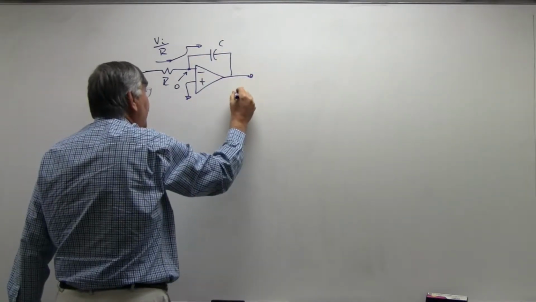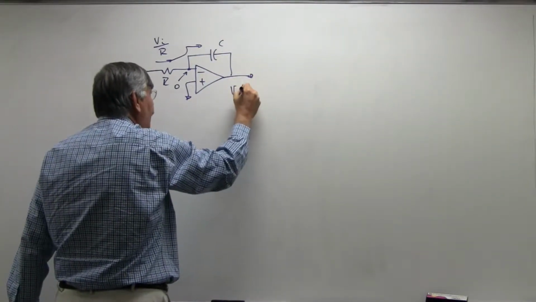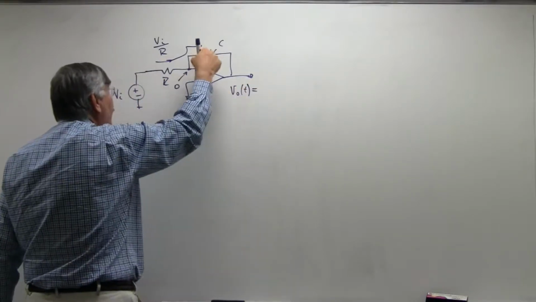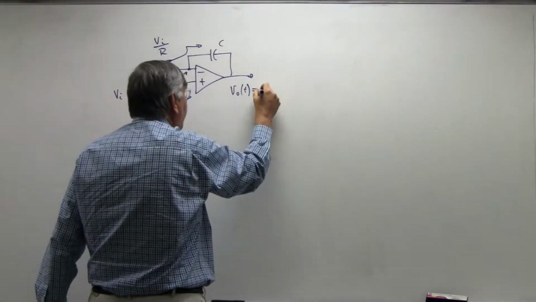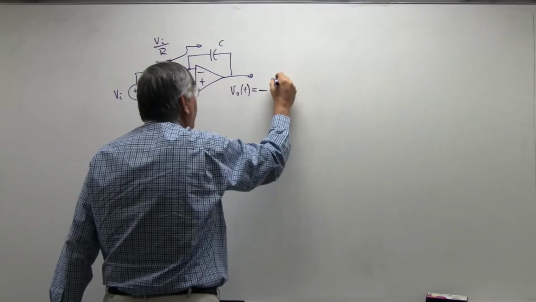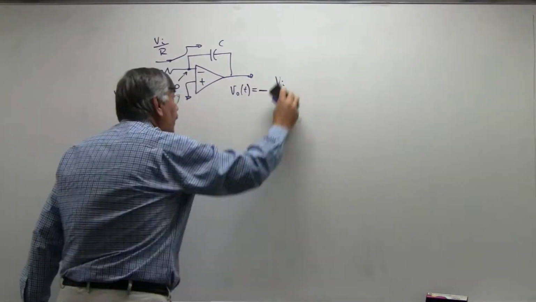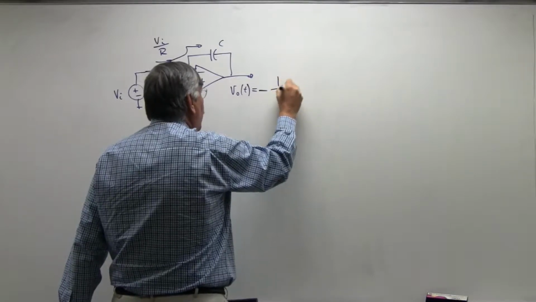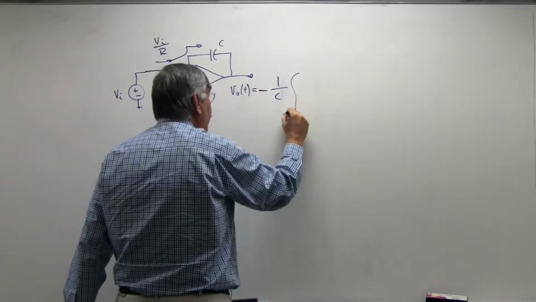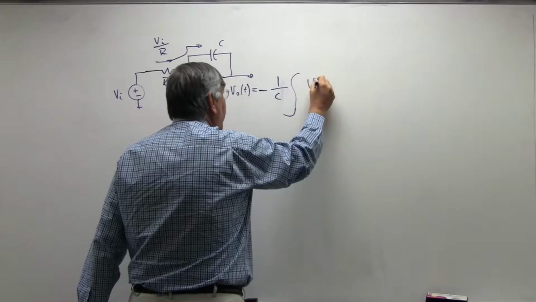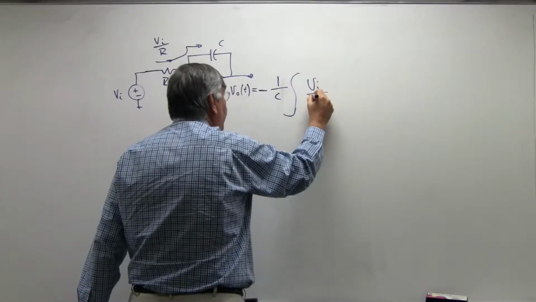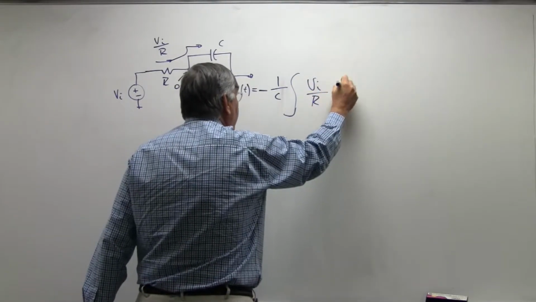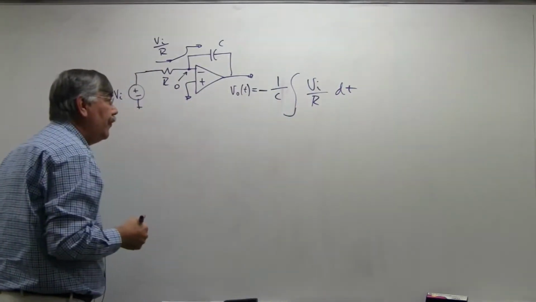And in the time domain, it'll tell me that V out as a function of time equals the current. This is 0, so V out equals minus 1 over C times the integral of the current, V i of t over R dt. So this thing actually does the integral.